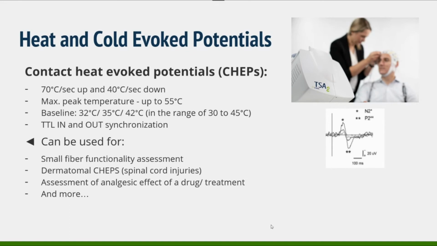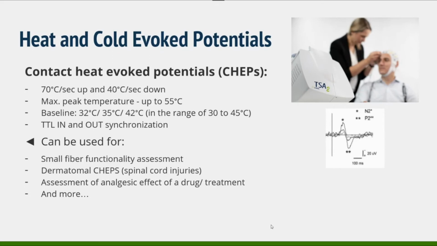When we talk about contact heat evoked potential, we talk about evoked potential recorded by the EEG device as a result of sharp, usually painful heat stimulation. So what do you need to record a good evoked potential? You need, first of all, this type of sharp, painful, fast stimulation.